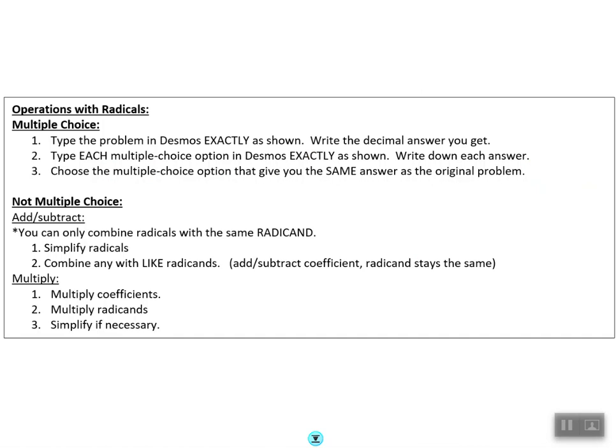If you are asked to add or subtract, remember you have to have the same radicand. So let's pause and talk about what a radicand is. If you have the nth root of a, n is your index, and a is your radicand.